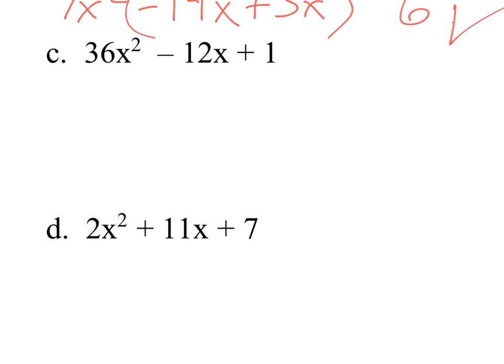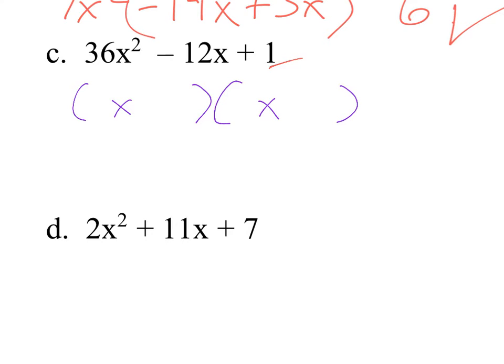Okay, so, no common factors. So I go directly to this one, where I don't have a prime first term. So I don't know what's going to go in front of my x's yet.